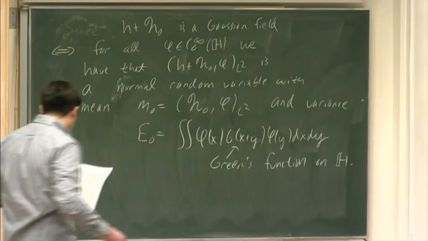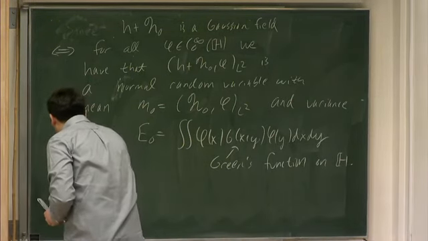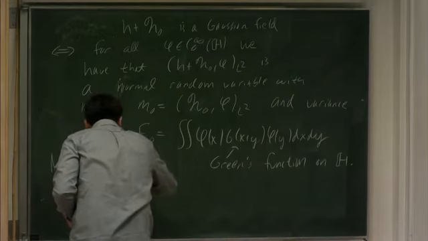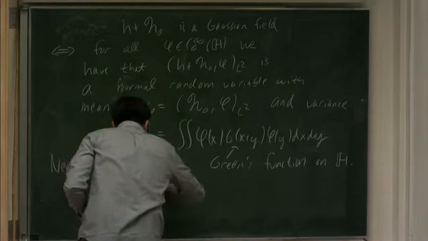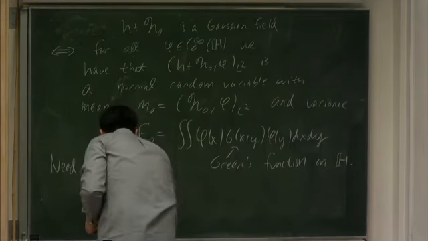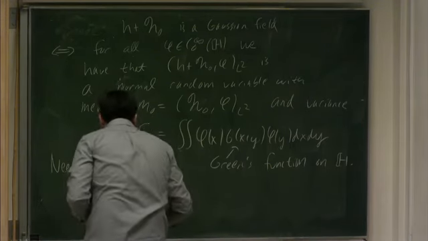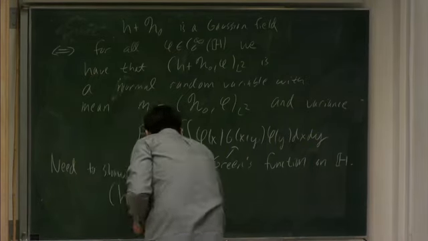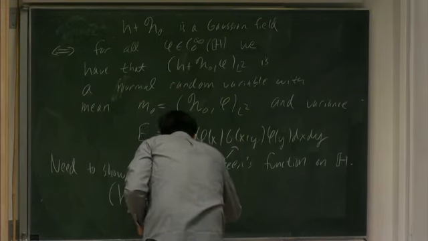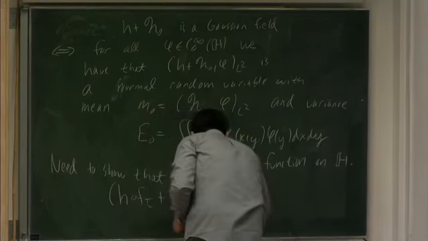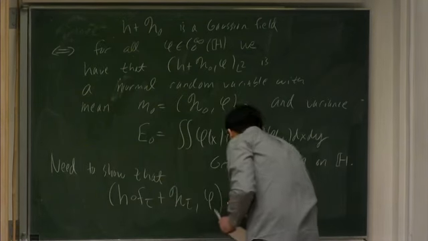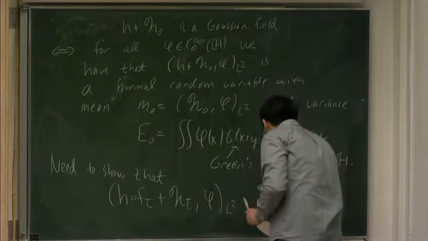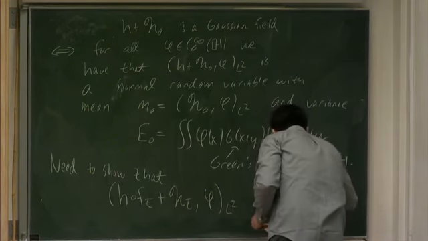Okay? So what this means is that in order to prove the theorem, what we need to do is show that if we take h composed with f sub tau, and we add that to calligraphic h sub tau, and we take their L2 inner product with the test function, then this has the same law.